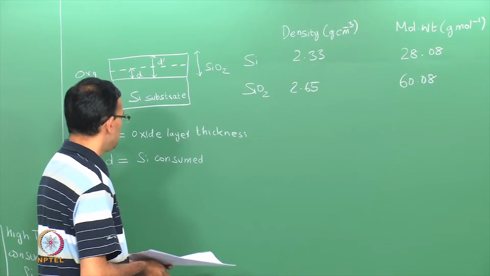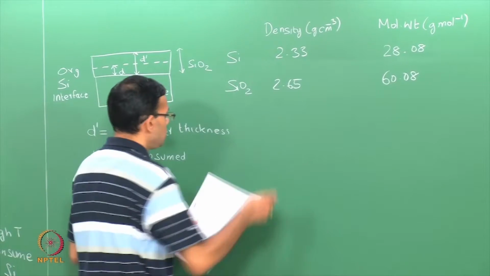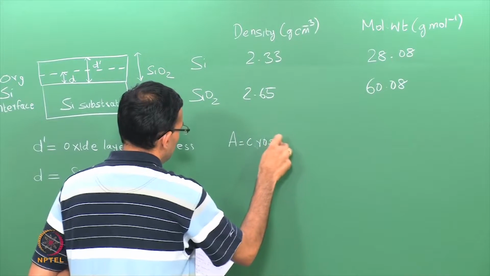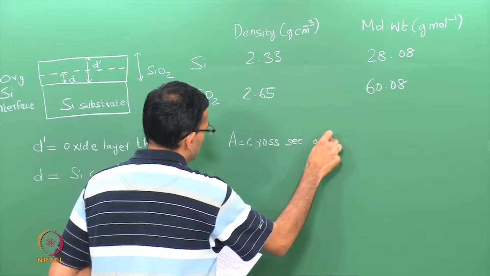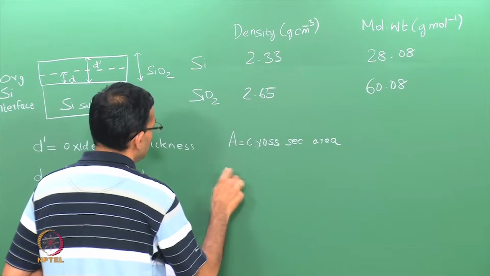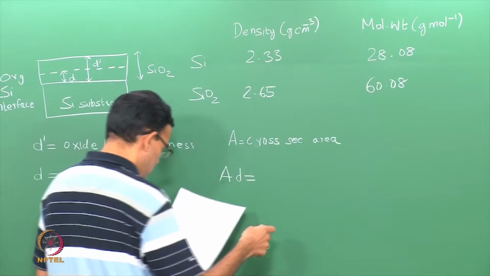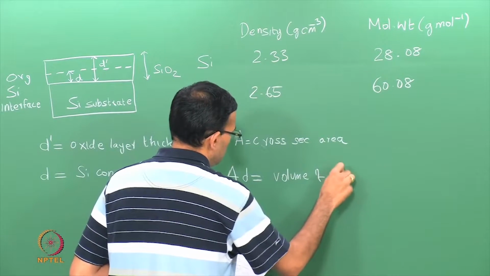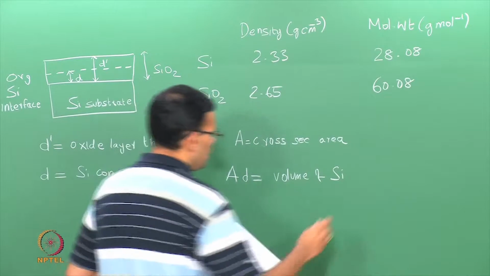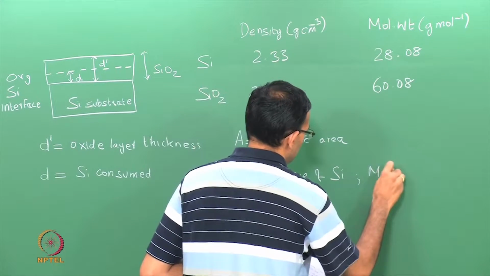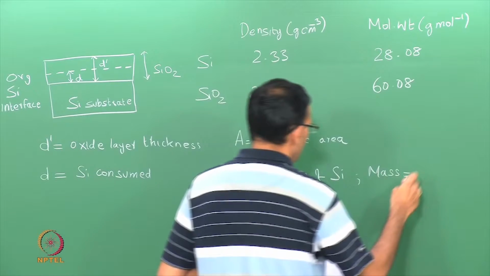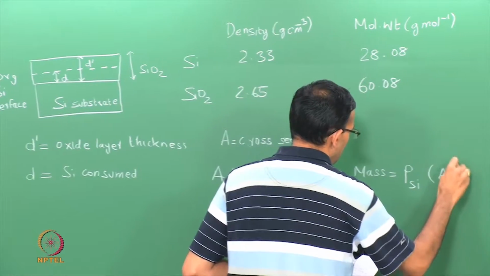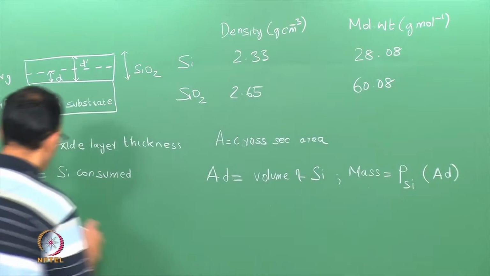So, if D is the thickness of the silicon consumed and A is the cross sectional area, A times D is the volume of the material, the mass is nothing but density of silicon times the volume, or the number of moles.